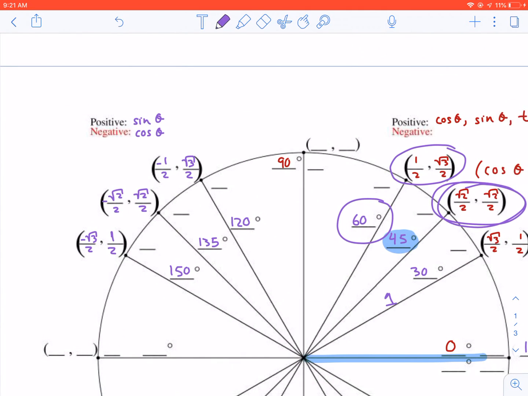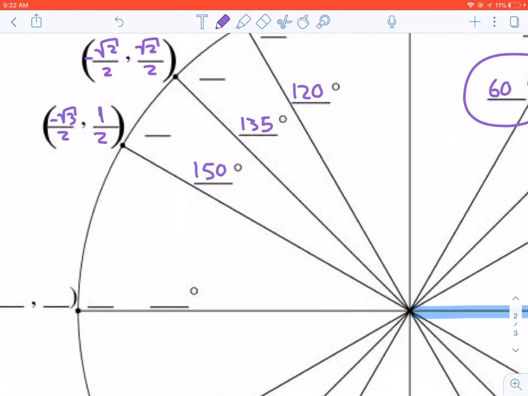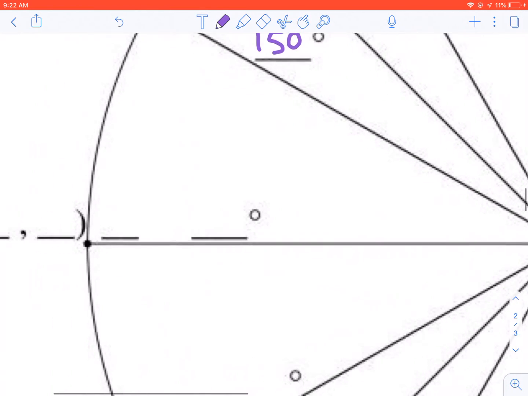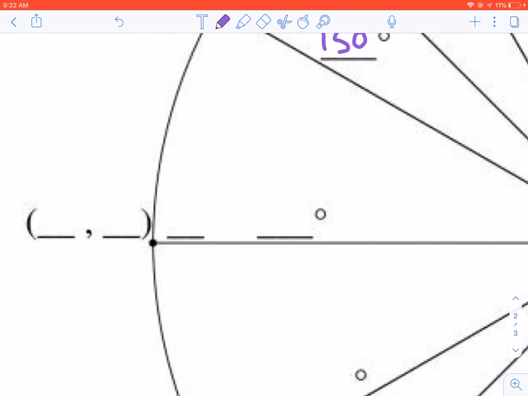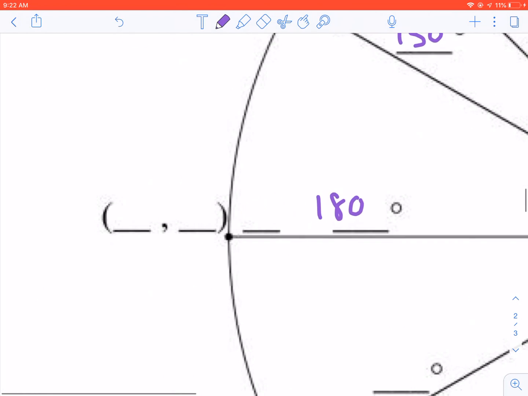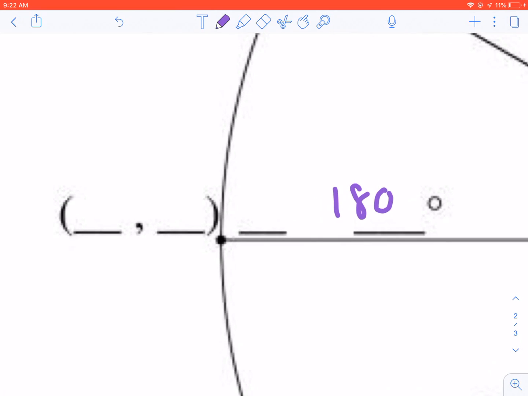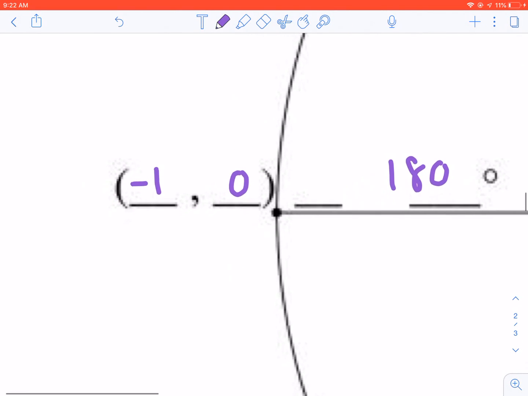And so now we know our sine and cosine values in the second quadrant. And this angle over here, this is 180 degrees. Right, so this coordinate, that would be negative 1, comma 0, which means cosine of 180 is negative 1, sine of 180 is 0.